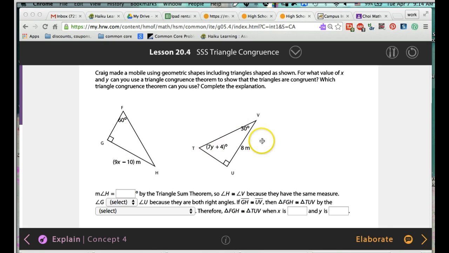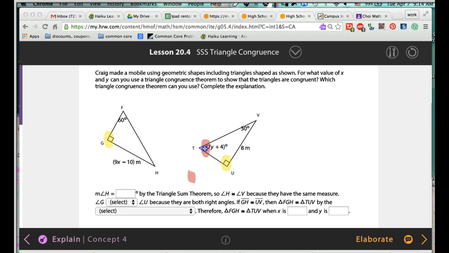I have a 90-degree angle. And that is the same as this 90-degree angle. And then I have 30 degrees right here. And then I got 60 degrees right there. That tells me that those two angles are not the same, right? So I gotta figure something else out.